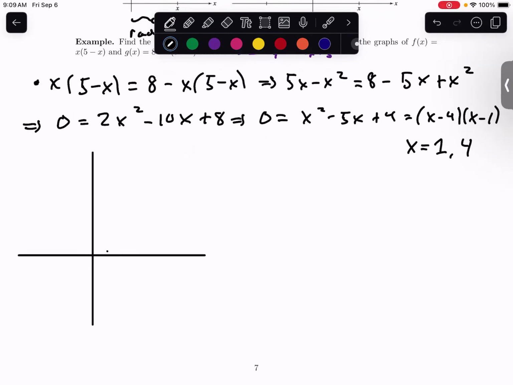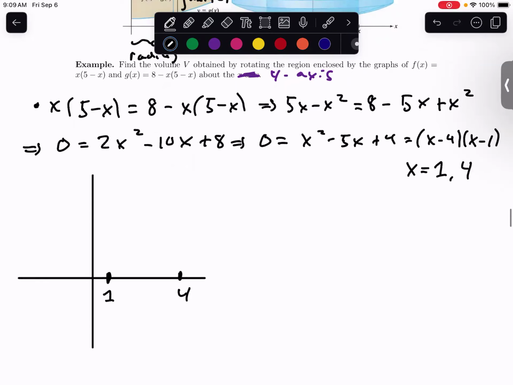So x equals 1 and x equals 4 are the two points of intersection. From there, you can plug in some points to determine what the shapes are going to be. We have two parabolas, one facing downwards because we have the minus x squared, and the other facing upwards because we have the positive x squared. So you should end up getting a graph that looks something like this.